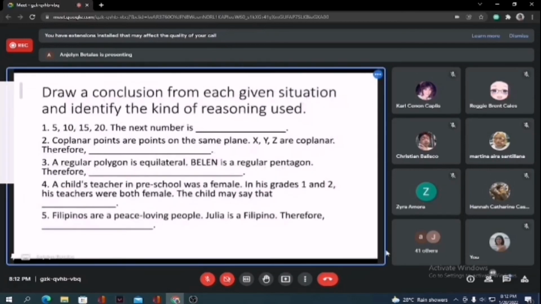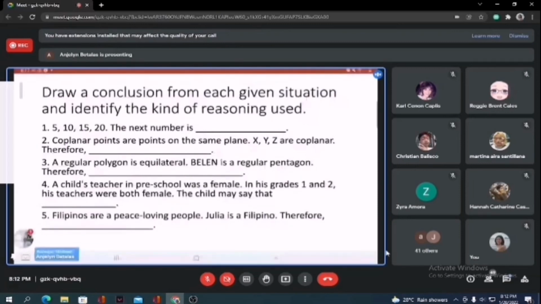Is there a pattern? Preschool, female; grade 2, female again. All the child's teachers were female. So the child may state that all teachers are female, or teachers are female. This is inductive.